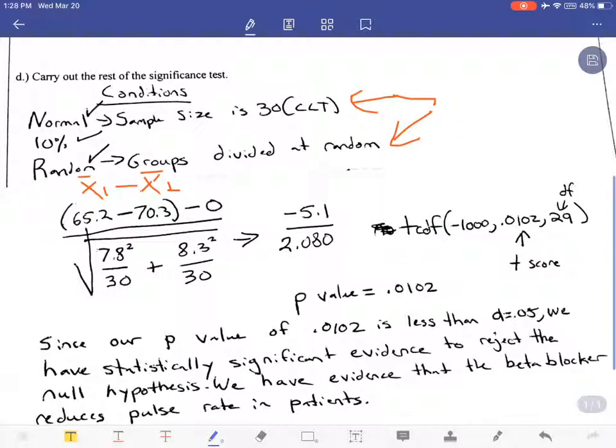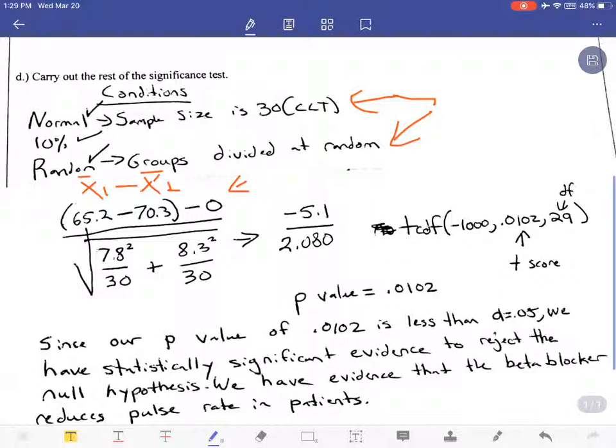And we get 65.2 minus 70.3, and then we're subtracting what we're testing against. So we're testing that there's no difference, so we're always going to put that 0 as that second number on top.